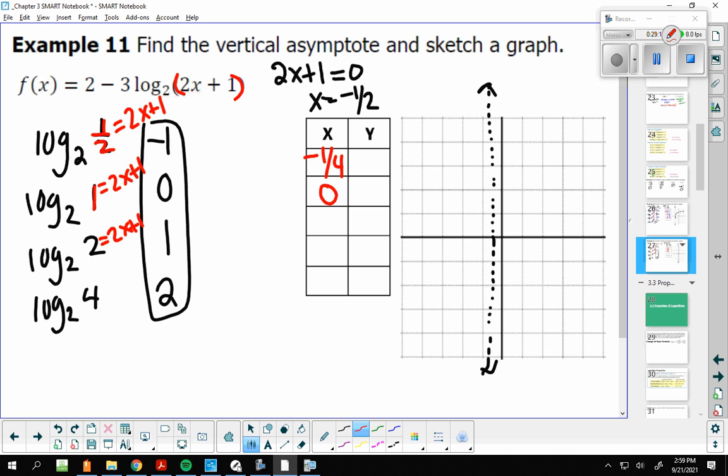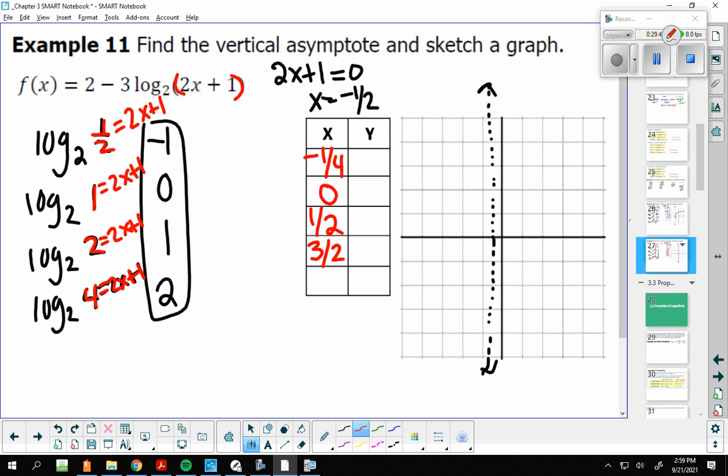Then 2 minus 1 is 1, divided by 2 is 1/2. And then 4 minus 1 is 3, divided by 2 is 3/2. So we were just choosing values of x to plug in so that we get a specific argument so that we can get our specific exponents. So that part's already done.